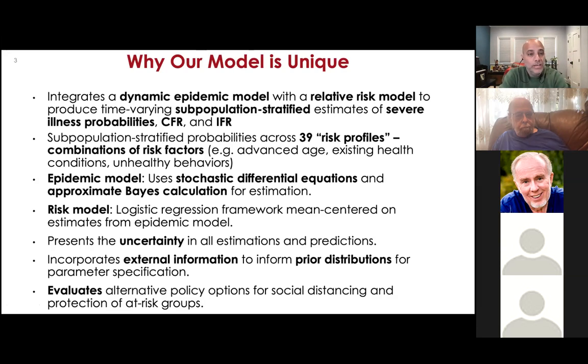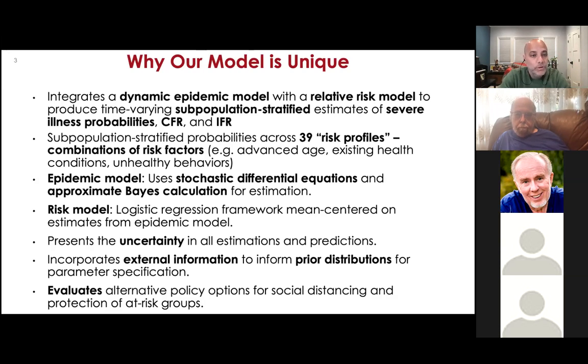And we really want to look at the severe illness probabilities, hospitalization, ICU, and death, as well as getting estimates of the case fatality rate and the infectious fatality rate by these risk factors. And so we construct 39 different risk profiles that are a combination of risk factors. That's age, existing health conditions, unhealthy behaviors such as smoking.